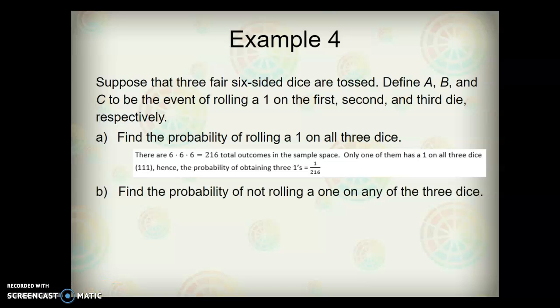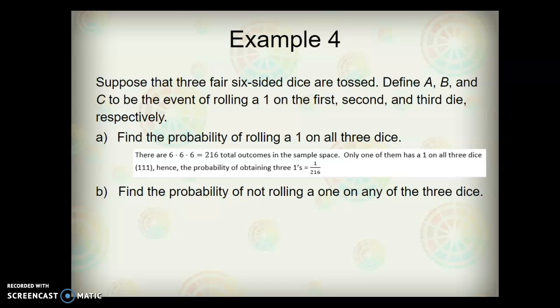So if I then asked you to find the probability of not rolling a 1 on any of those dice, that would mean we roll a 2, 3, 4, 5, or 6 on die 1, a 2, 3, 4, 5, or 6 on die 2, and a 2, 3, 4, 5, or 6 on die 3. There are 5 of the 6 outcomes that are not 1s.